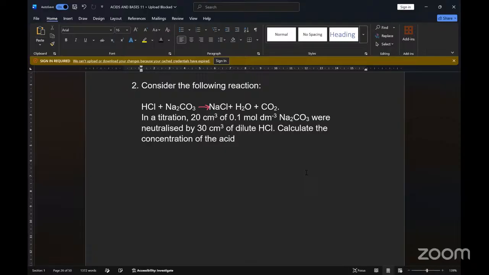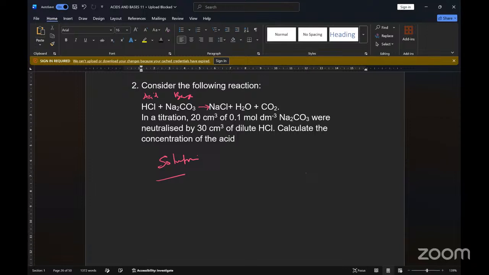Okay. So when you are giving something like this, it's always good to write the information because the things are so many. Okay. So I would say something like this. This is our acid and this is our base.